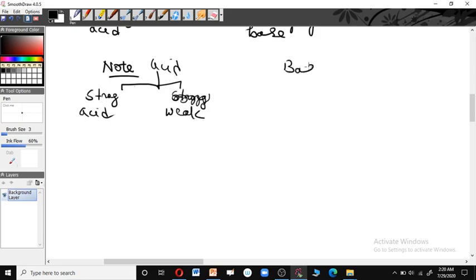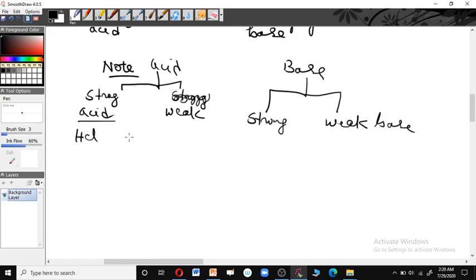Base also has strong base and weak base. Strong acid, like you have HCl.